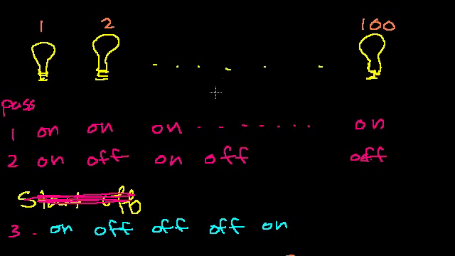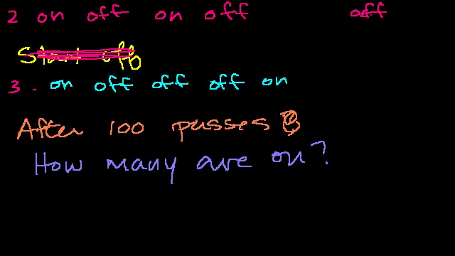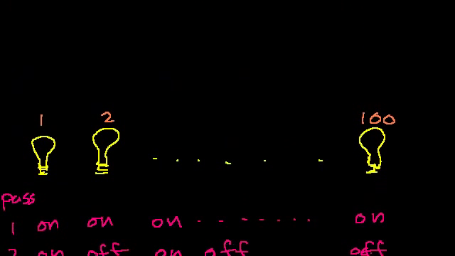Well, if I'm on pass n, and this is a hint if you want it, what do I know? I know all the light bulbs where n is a factor of that light bulb number, that will get switched, right?